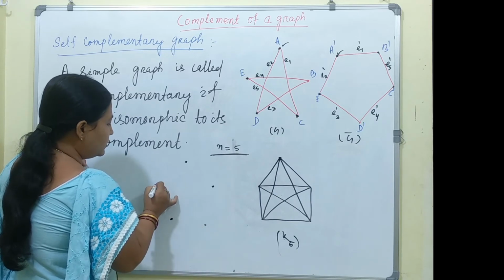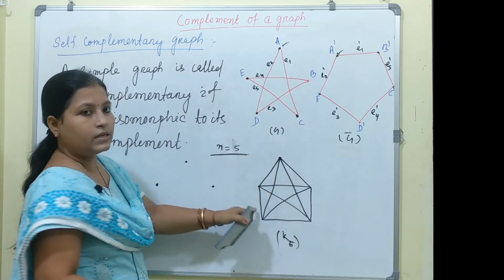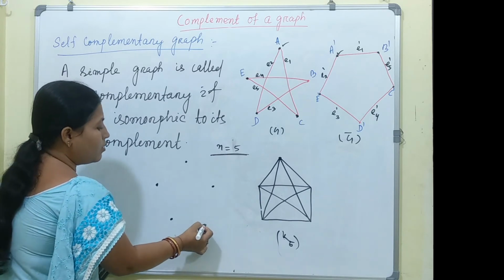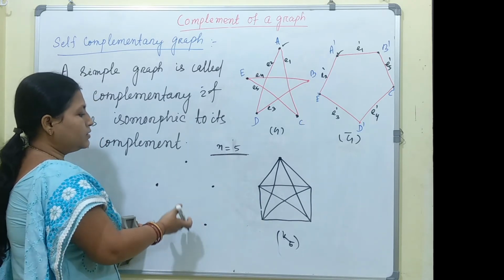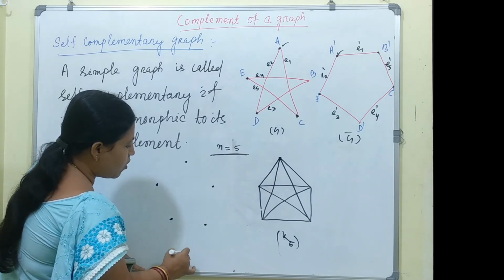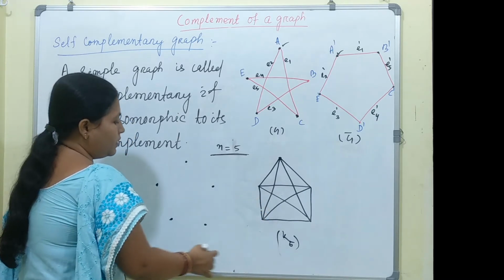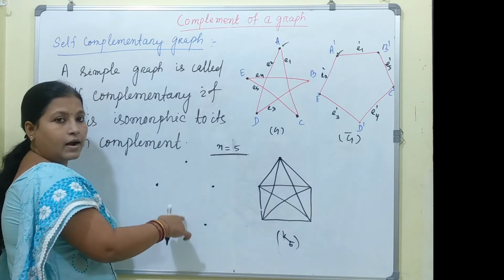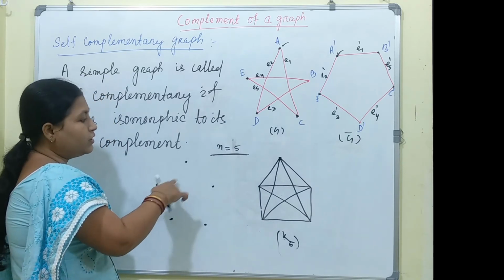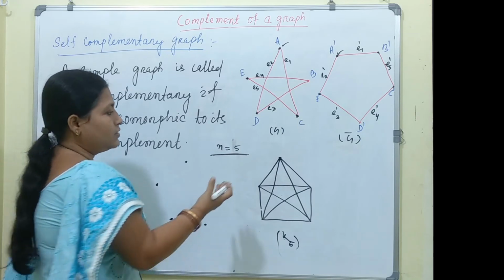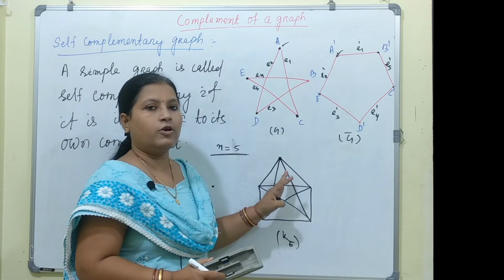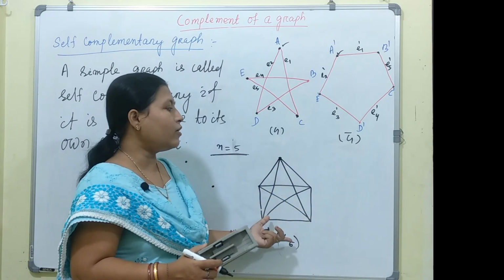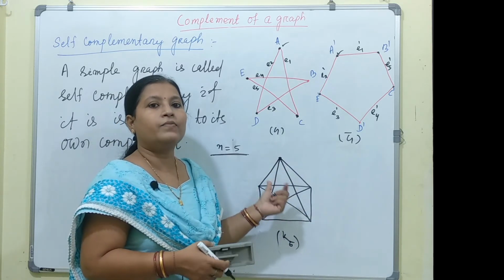Here all the vertices are adjacent to each other, and in the complement none of the vertices are adjacent to each other. That means this is a null graph. This is the complement of this graph, and it is a null graph with 5 vertices. Simply, we delete all the edges and we get the complement of the complete graph.